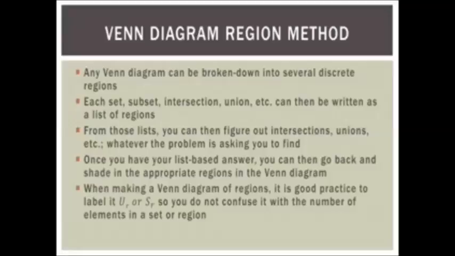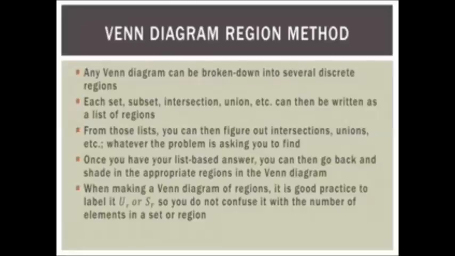Now, just one caveat. When you make a Venn diagram and you list the regions on it, it's a good practice to label that Venn diagram as U sub R or S sub R, so universal set of regions or the set of regions. That's what the sub R means. That way you don't confuse the region labels with the actual numbers that are part of the problem.